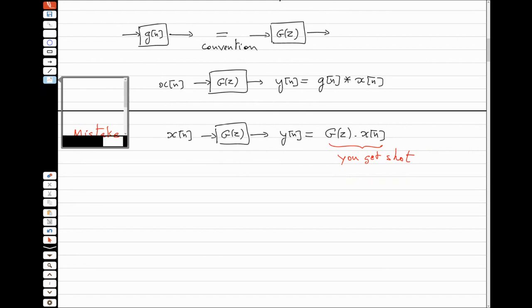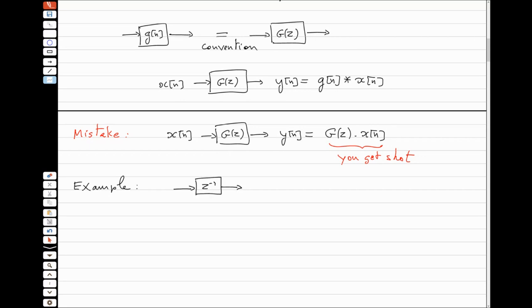Okay, now an example. Let's see if you have understood this. Suppose you see a box like that. If I input x of n, what do I get here? Are you able to answer this question using that definition?